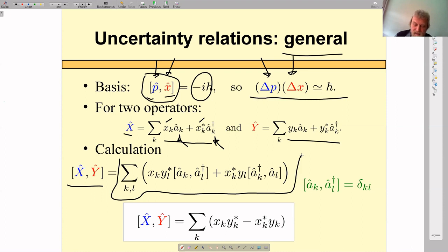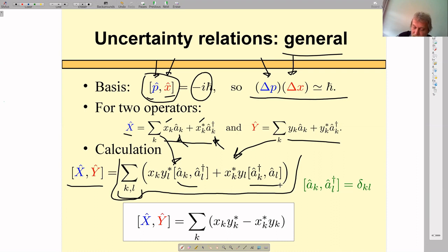We just plainly substitute all that. What we have is a sum over all modes and corresponding commutators, and we know what the commutators are.